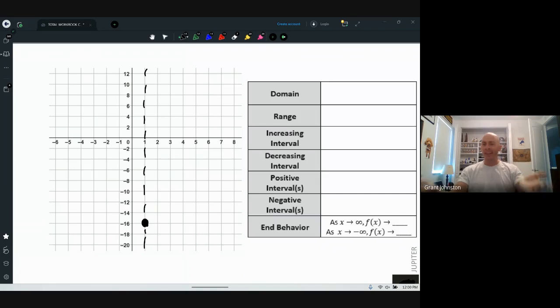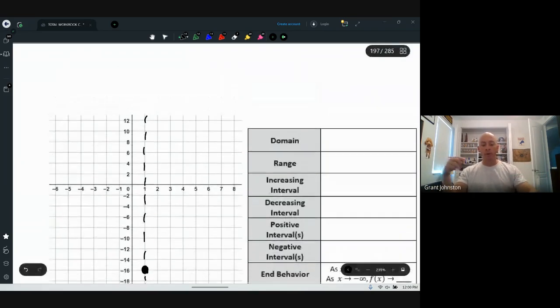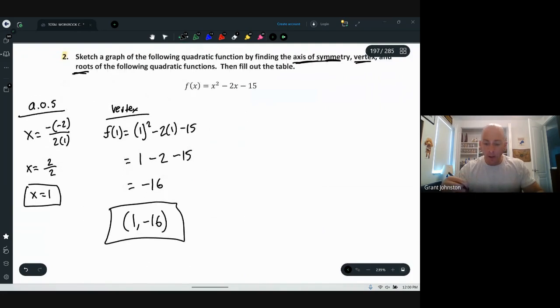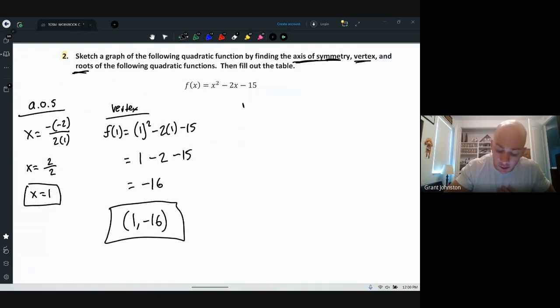Now I just need to find the x-intercepts, because that's going to help us with the positive intervals and the negative intervals and whatnot. So find the roots. Remember, that's just x-intercepts. Put 0 in for y, or in this case, f of x. And then we have to solve this. So we could use the quadratic formula, but factoring should be pretty easy on this one.